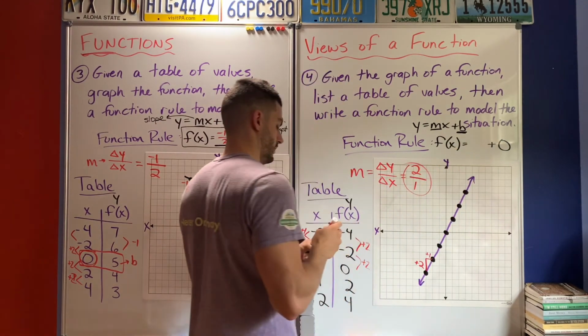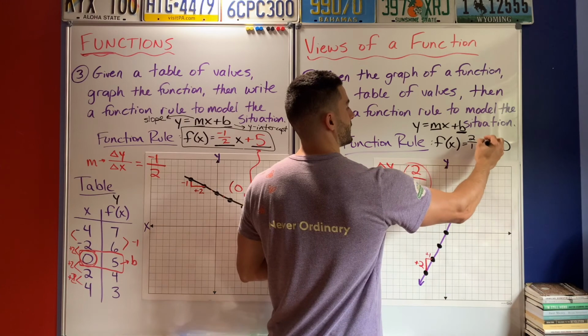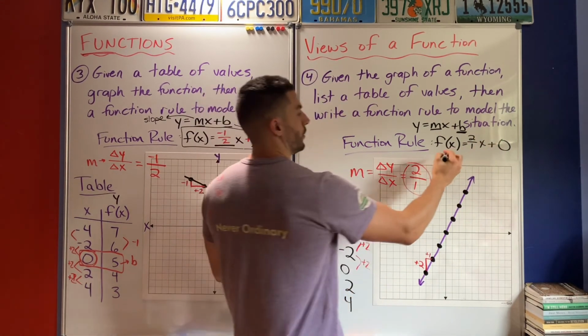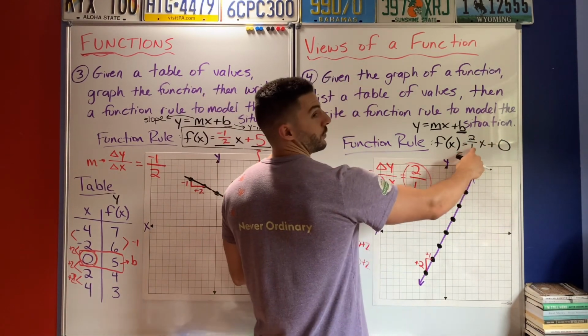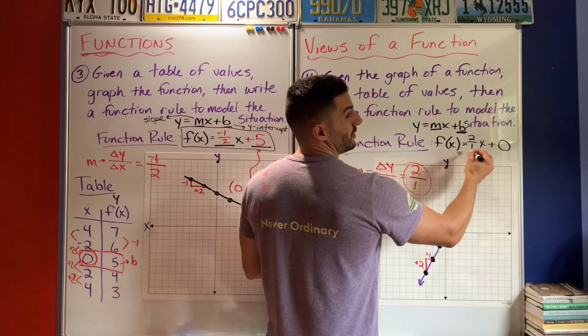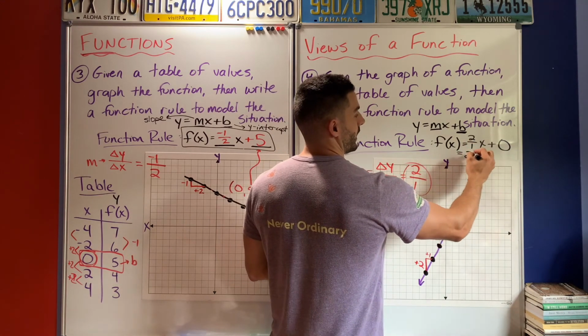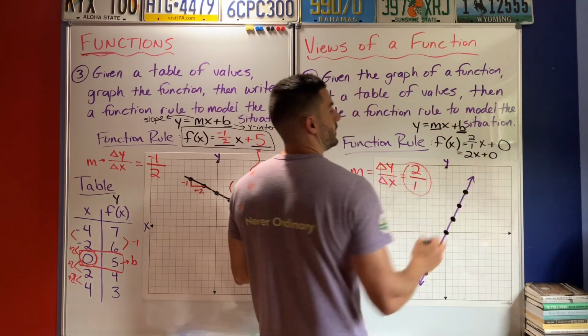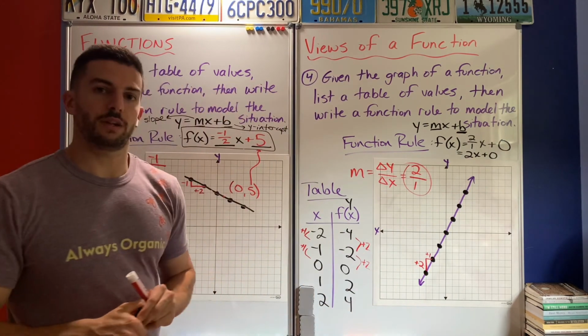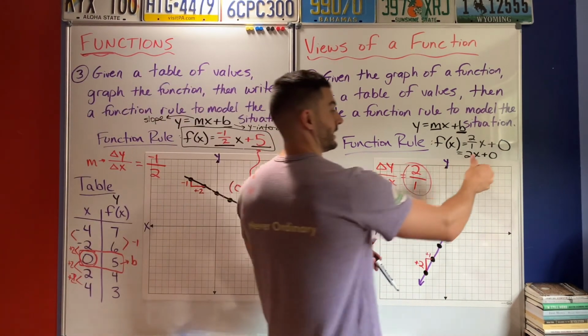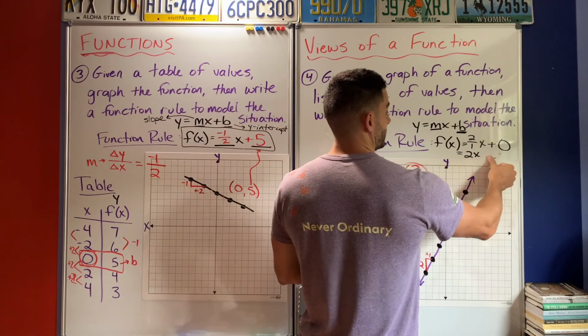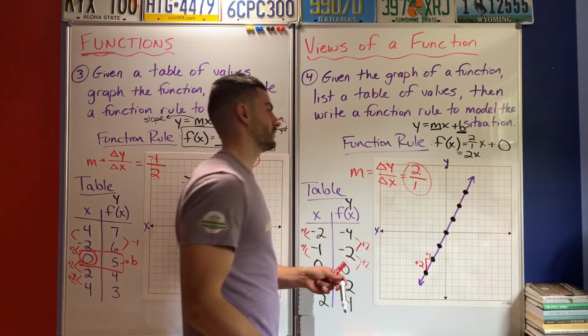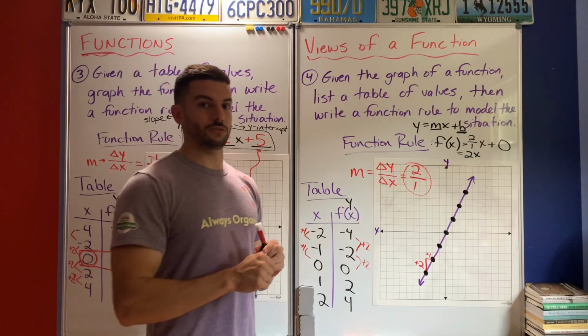So it would be 2 over 1x plus 0. Or again, I said before, when it's over 1, you don't really need to write the over 1 because that's not affecting it at all. So f of x equals 2 times x plus 0. And even, again, like I said too, you don't need the plus 0 either because that doesn't really change it. So really, this equation is just f of x equals 2 times x.